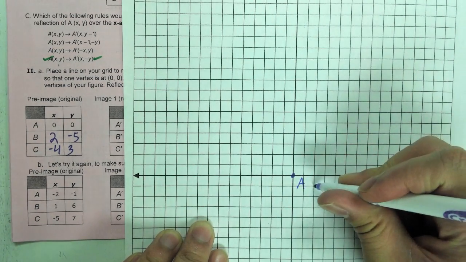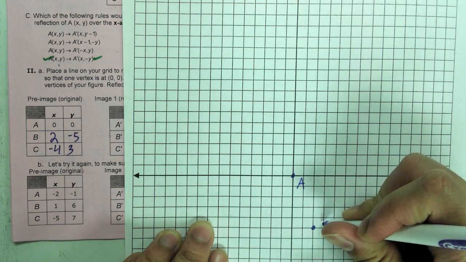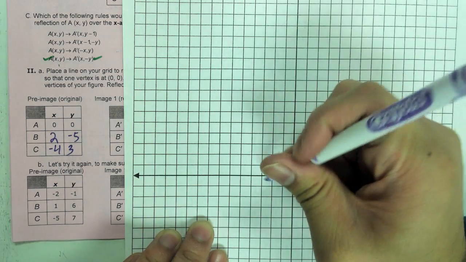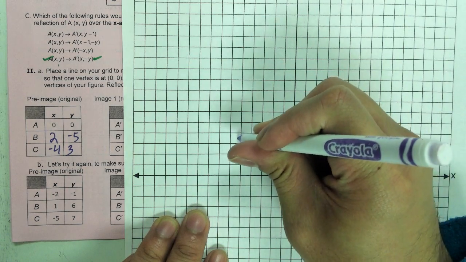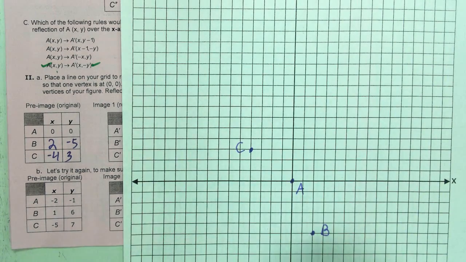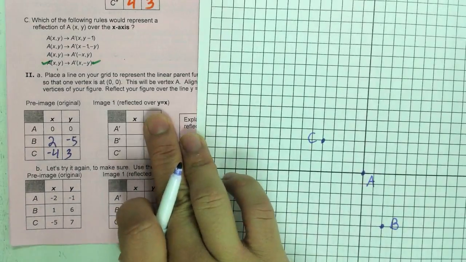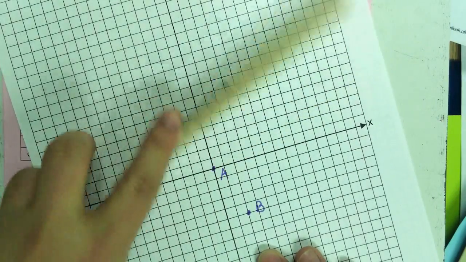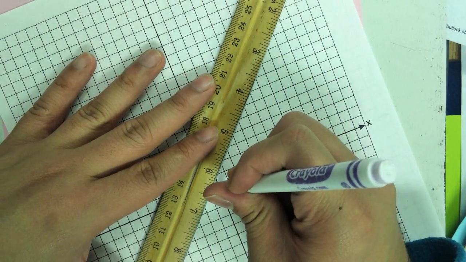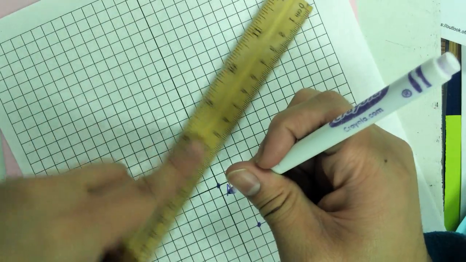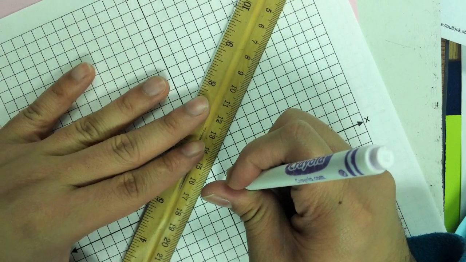B is at 2, negative 1, 2, 3, 4, 5. And C is at negative 1, 2, 3, 4, positive 3. A, B, C. It now tells us to reflect over the line y equals x. The line y equals x is represented by this diagonal line.